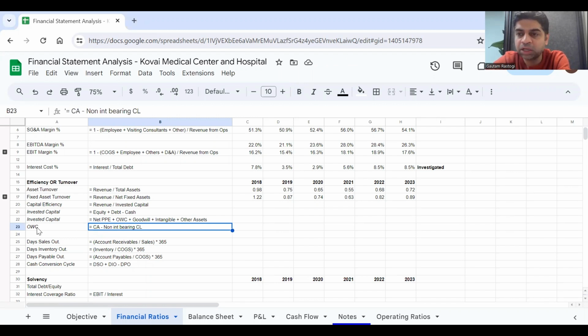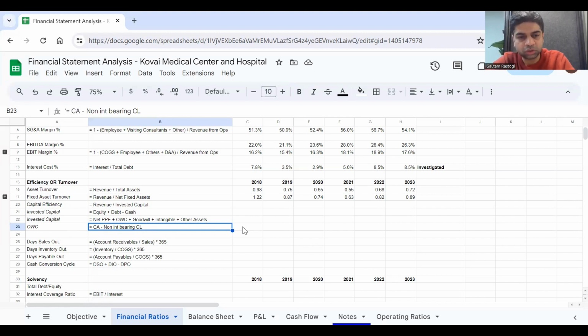Because we are not considering cash in this working capital estimation, because cash is, technically speaking, a current asset, but we're not considering that as part of current assets in this calculation. And the reason is because cash is something which is sitting in the bank. It's earning you an interest, but it's not really involved in your operations per se. All right, that's why it's being considered out of this calculation, right? And in current liabilities, we are only considering non-interest bearing liabilities.